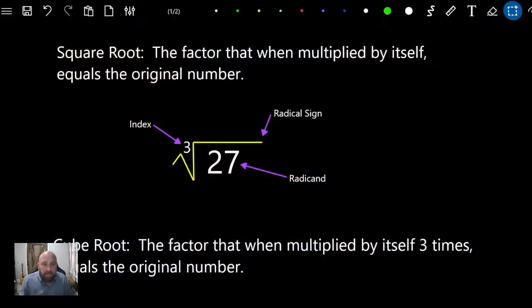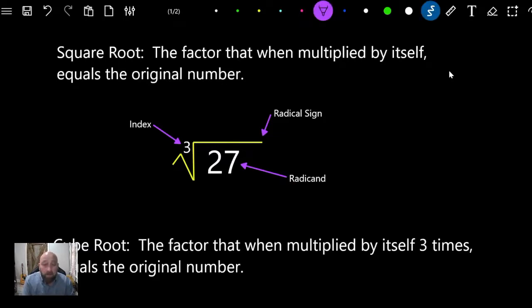All right, let's go ahead and look down here at the screen, and you will see that we're going to be talking about the square root in this chapter. What is a square root? Well, probably a lot of you have a concept of what a square root is, but a square root is when there's a factor that can be multiplied by itself, and that equals the original number. Okay, so you're like, what in the world did you just say?